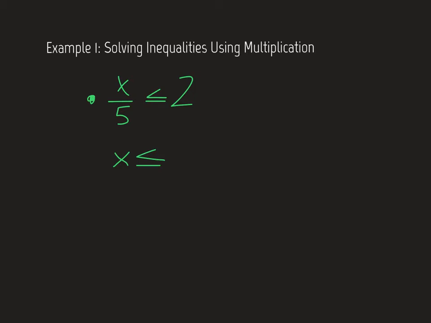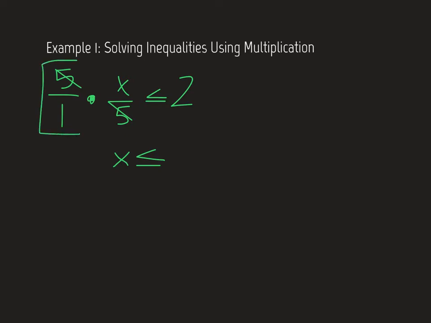In order to get rid of my 5, I have to do the inverse operation and undo the division. So I'm going to flip this over like that. That gets rid of my 5's. So I basically just multiplied it by 5. We leave the 1 on there so it helps us out.